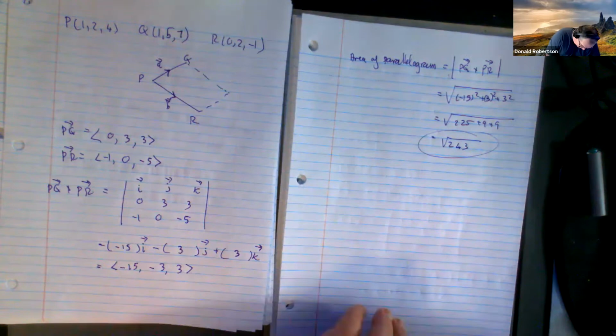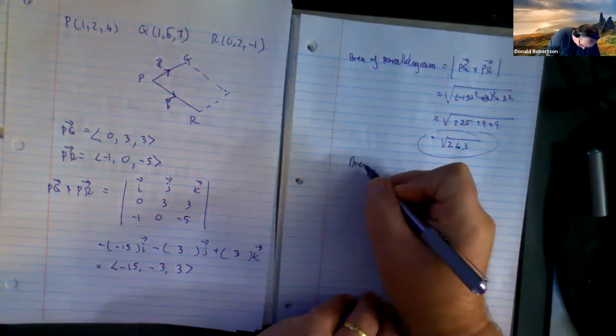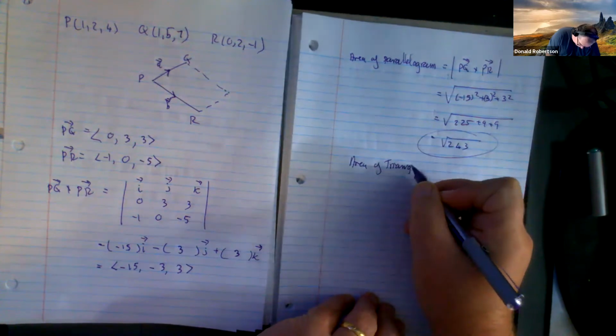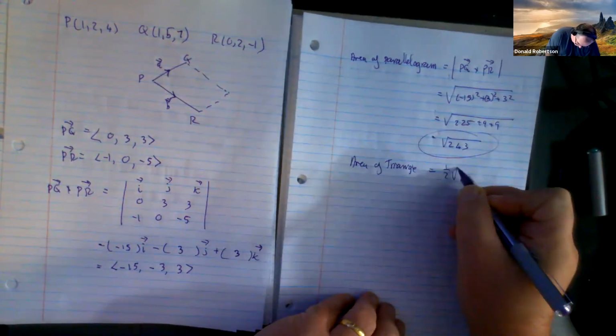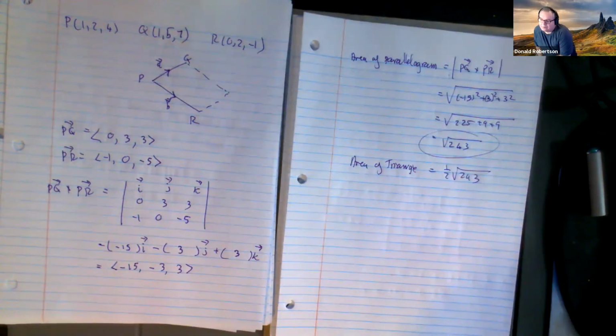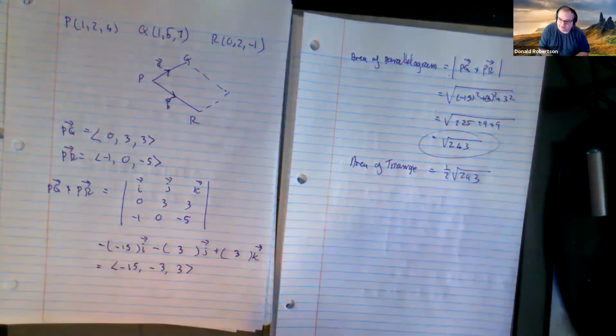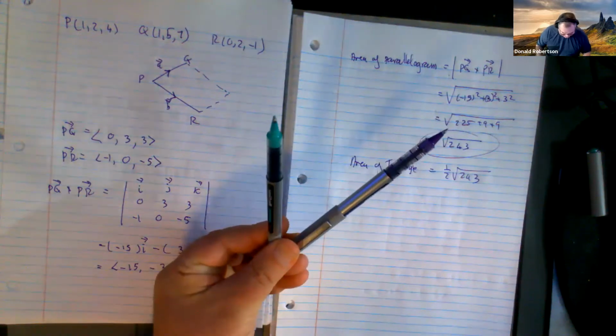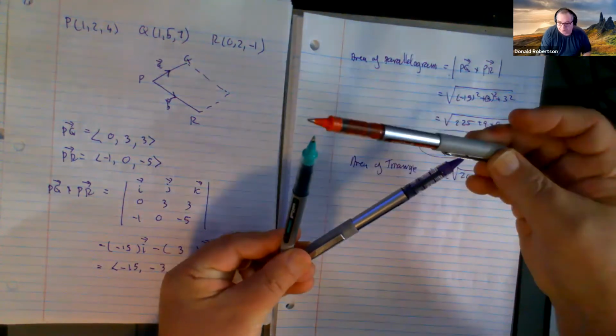Now, if you want to find the area of the triangle, isn't it just half the area of that guy? So in three-dimensional space, if you tell me two vectors, like these two guys here, I can tell you the area of that triangle.